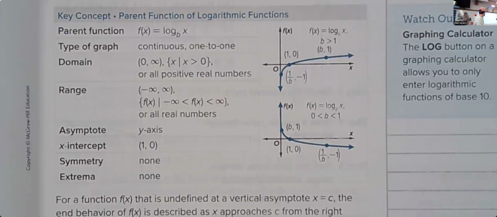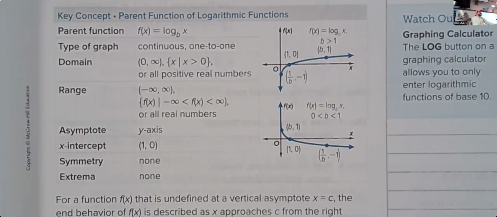And then our domain. Our domain should be the inverse of the domain of an exponential function because it is the inverse function of an exponential function. So whereas the range of an exponential function is y is all positive values, right? Our asymptote was 0 on a basic exponential function.